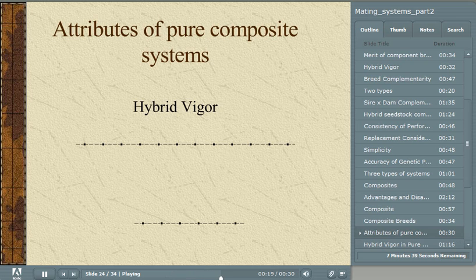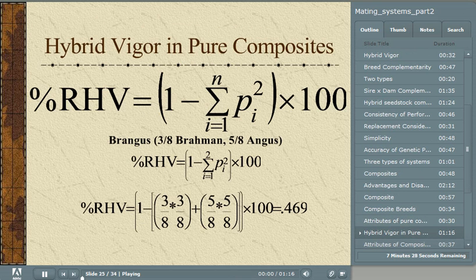Now, with that said, we can use one of the equations and simplify it to calculate the degree of retained heterosis or retained hybrid vigor in a composite. There is a considerable amount of hybrid vigor that's retained in pure composites, and we can take the equation that we use to calculate percent retained heterosis from week 8 and simplify it to calculate the retained hybrid vigor in pure composites.